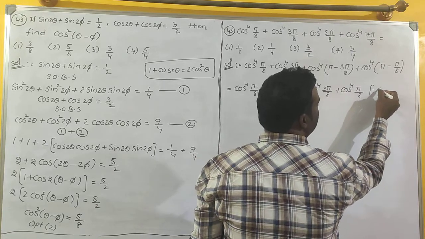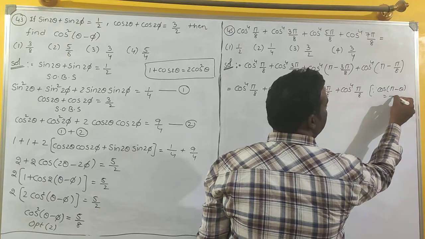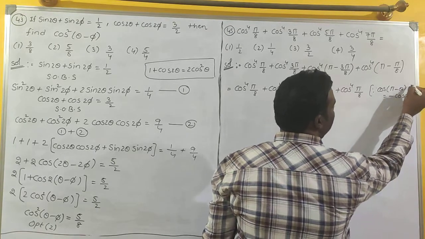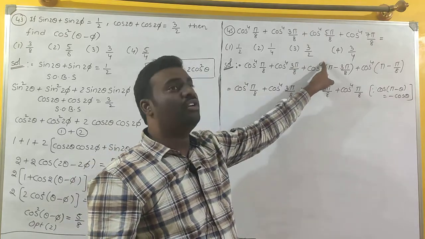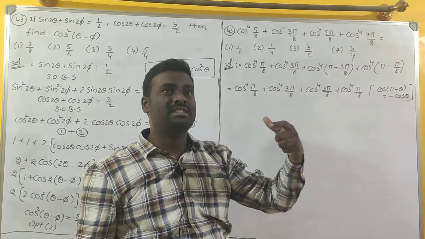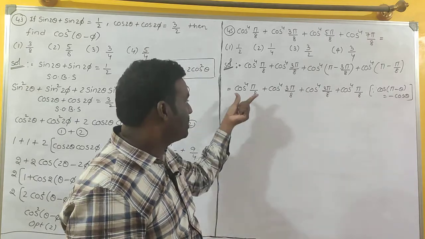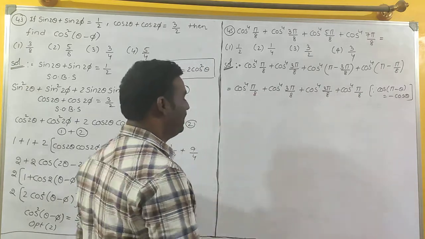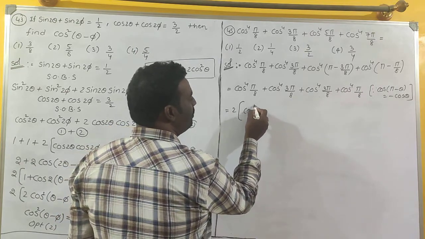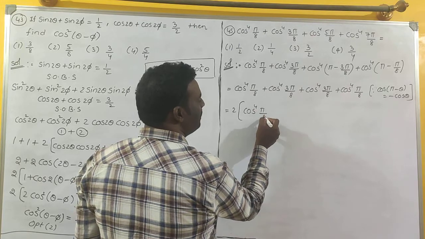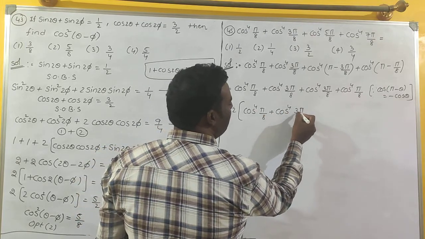Since cos (180 minus theta) equals minus cos theta, but power is 4. If you raise minus to power 4, that becomes plus only. Now the same terms are repeated 2 times. That is nothing but 2 times of cos power 4 pi by 8 plus cos power 4 3 pi by 8.